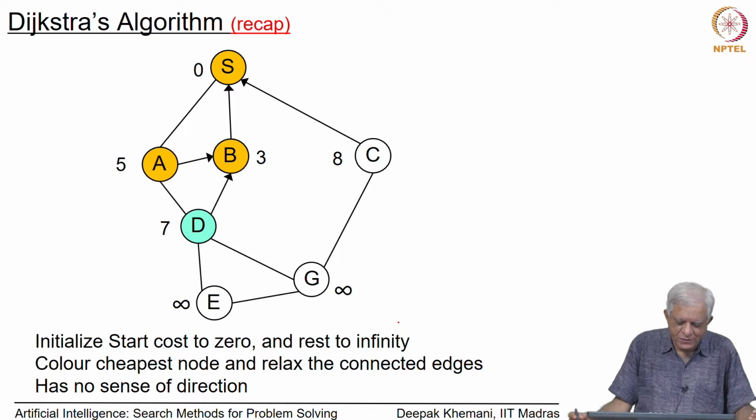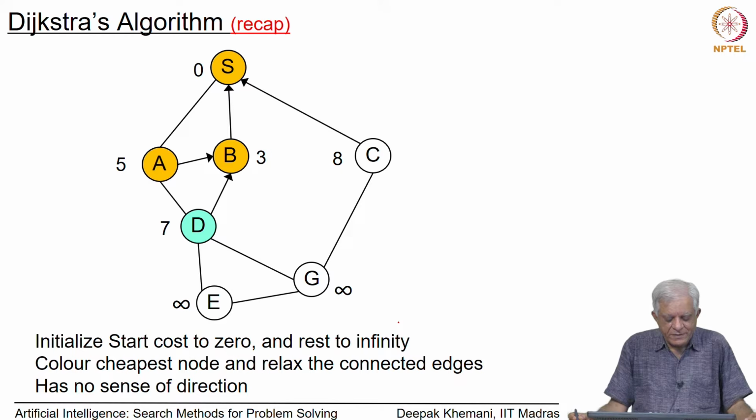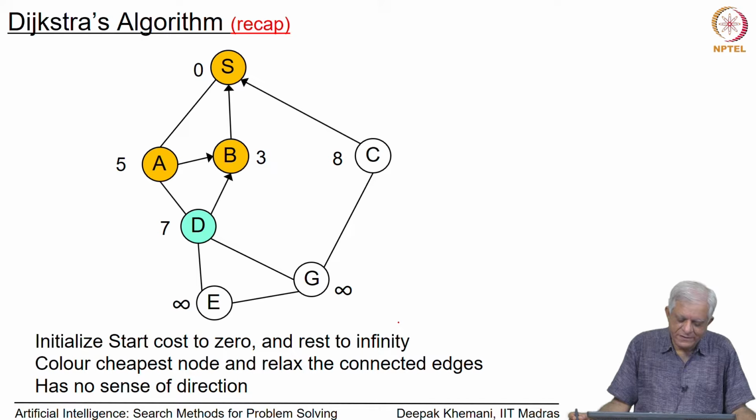So, here we have shown that we have colored some nodes, in this case S and A and B, and this was during the execution of Dijkstra's algorithm, but all the neighbors of the nodes that we have relaxed have been updated with better paths.